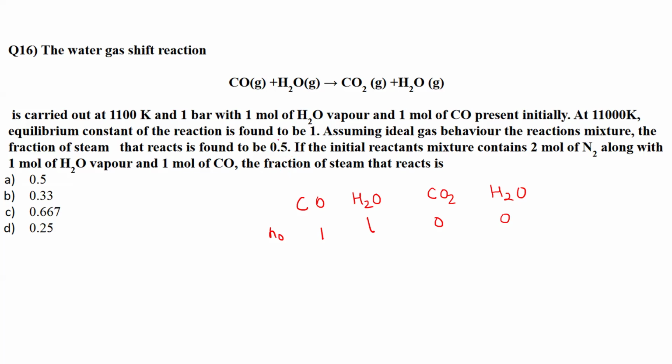The initial reactants mixture contains 2 mole of N2 along with this. Then the fraction of the steam is what? Okay, N2 is 2. Now total n naught equal to 2 plus 2, so 4.